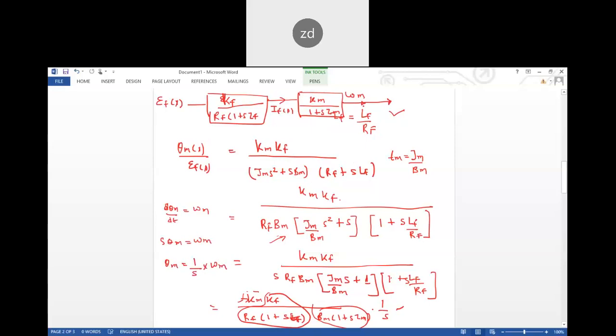So in order to get theta m, you write 1 by s, and finally at the output you get theta m. In the input there is Ef of S, and in the output there is theta m. This is from block diagram algebra, this is the transfer function, and if you look at it, this transfer function is basically an open loop transfer function.